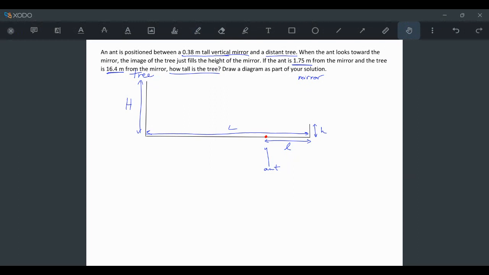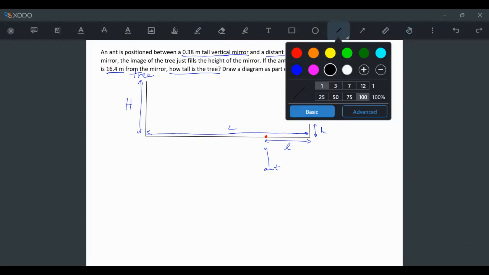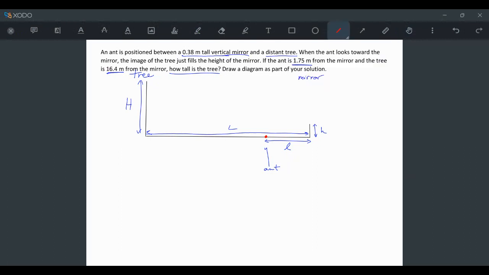The key thing, and this is a bit of a connection to make, I don't think it's super obvious, is where we're told that the image of the tree just fills the height of the mirror. What this means, and this is pretty much just geometry, is that you can imagine the sight line, this is the ant, it's super tiny. The tree fills the entire mirror.